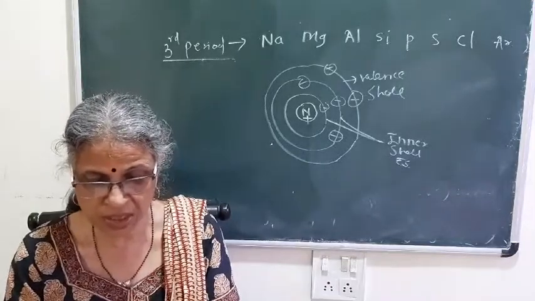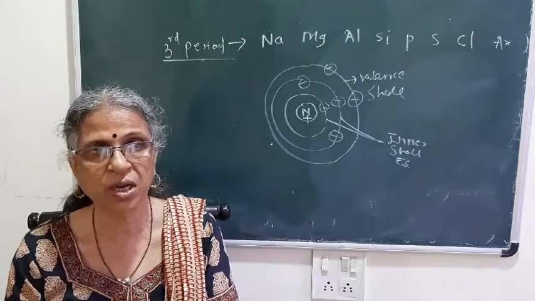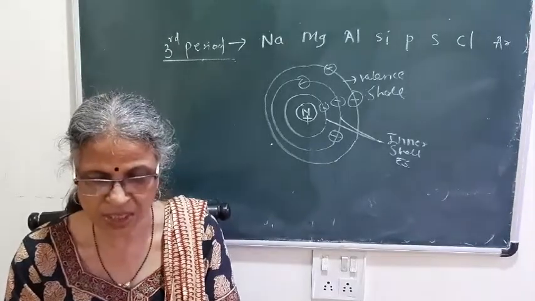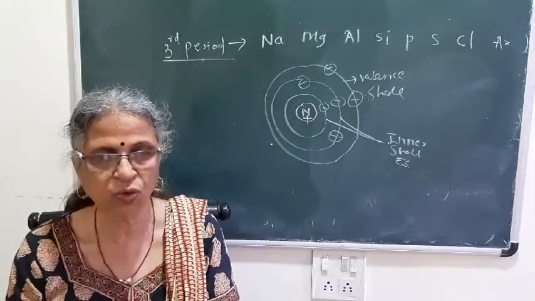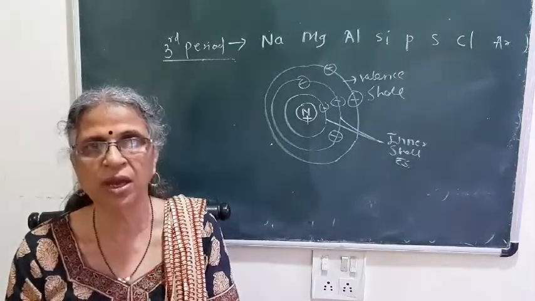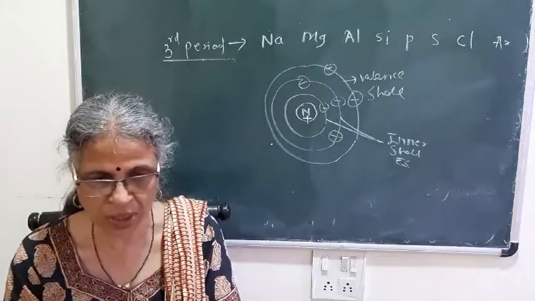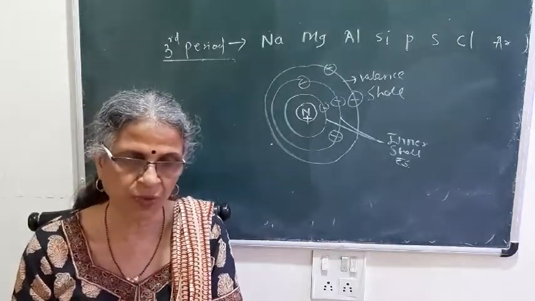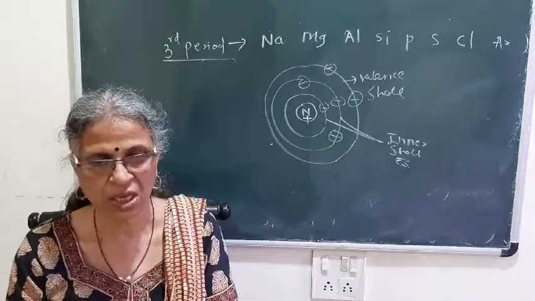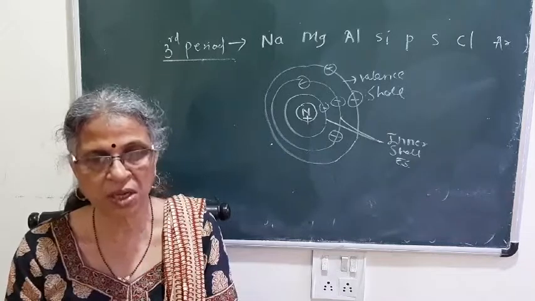Due to this, two things get lowered: the effective nuclear charge becomes less, as well as the attractive force by the nucleus. As a result, the tendency of the atom to lose electrons increases. That is one thing. Followed? Atomic radius increases, therefore effective nuclear charge and attractive force both decrease.